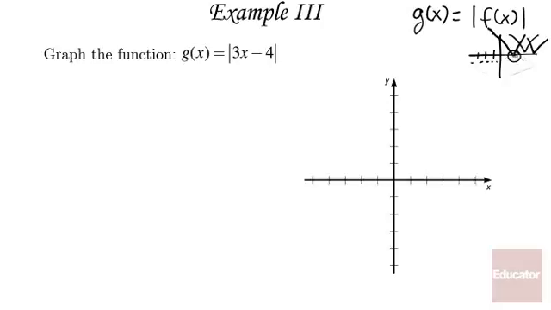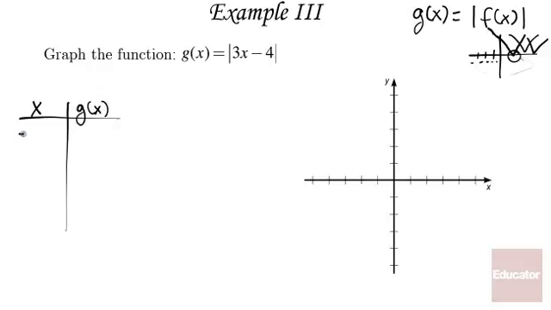The other thing I want to find is this point, the point of the V, the point where this graph intersects with the x-axis. So let's talk about how to go about this. First, I'm going to just pick some points for x and solve for g of x.